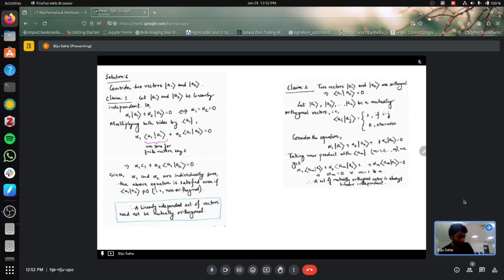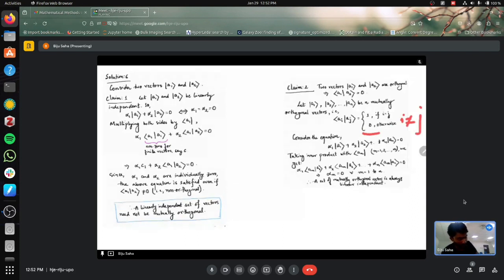But orthogonal by definition means that if there are n mutually orthogonal vectors, then the scalar product of a vector with some other vector in the set turns out to be 0. That is the definition if i is not equal to j. If i equals j, then it is 1.